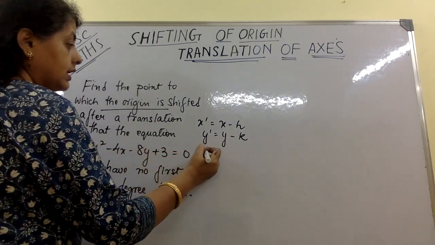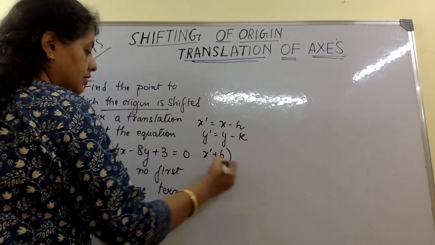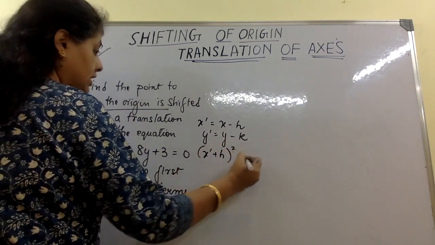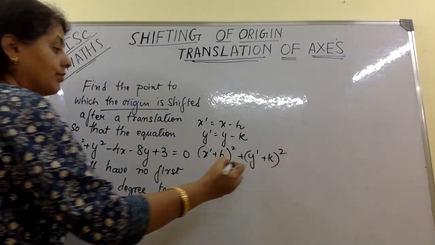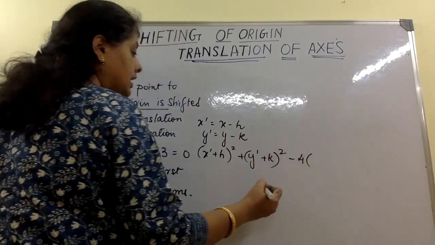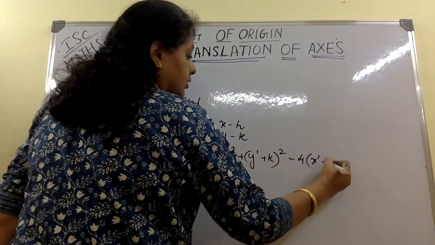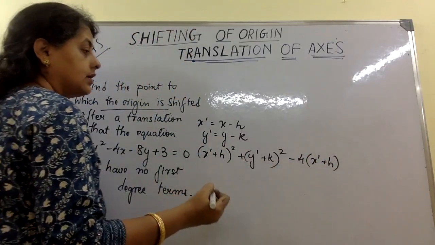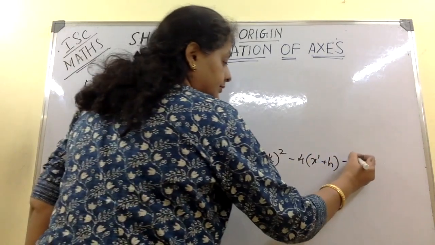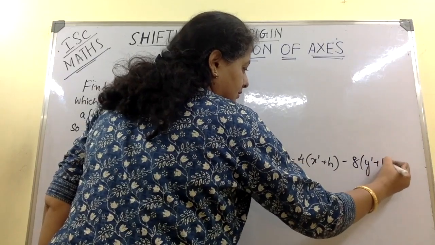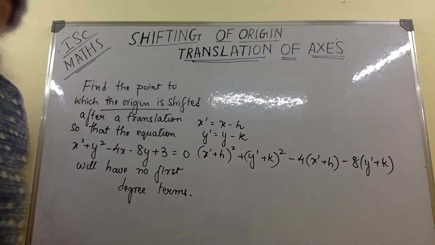So here in place of x, we have x dash plus h, whole square, plus y dash plus k, whole square, minus 4 times x dash plus h, and minus 8 times y dash plus k, plus 3 is equal to 0.